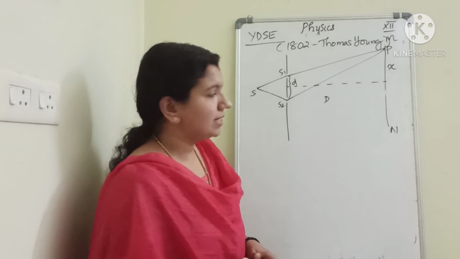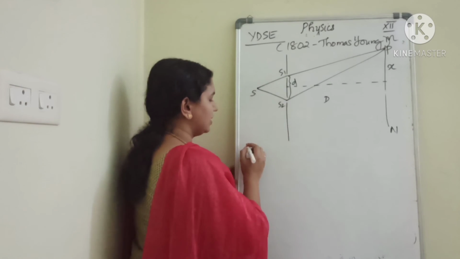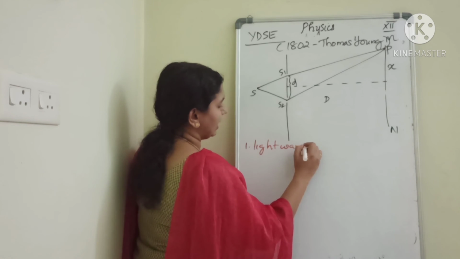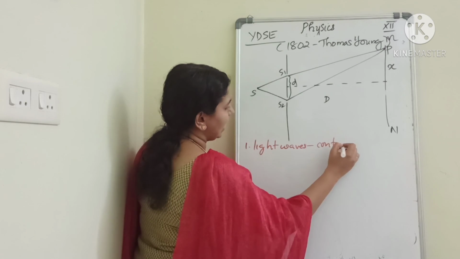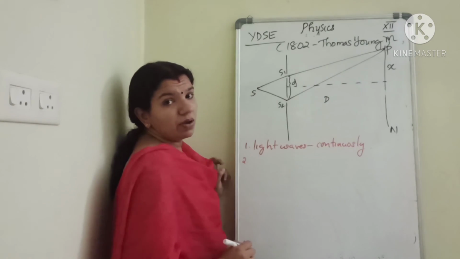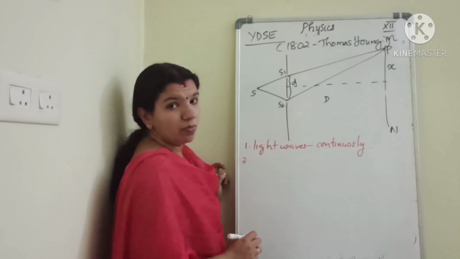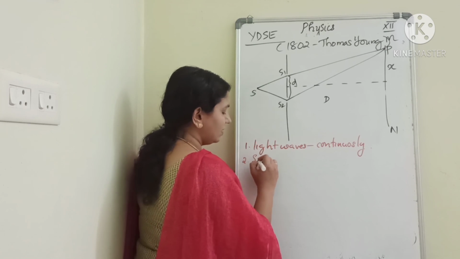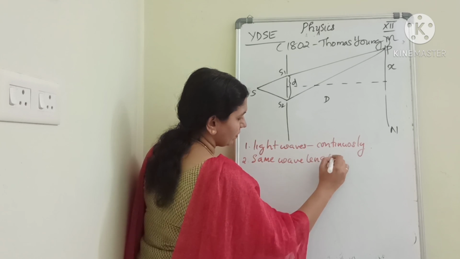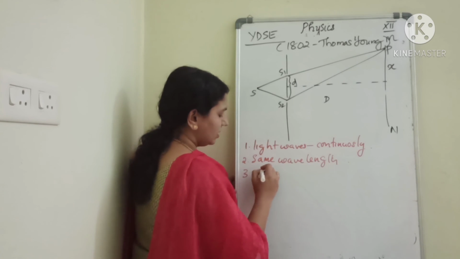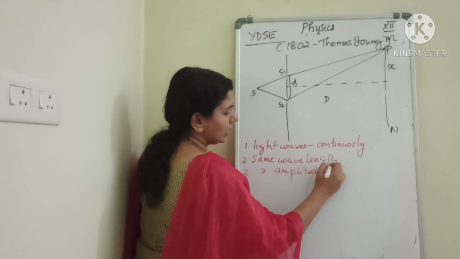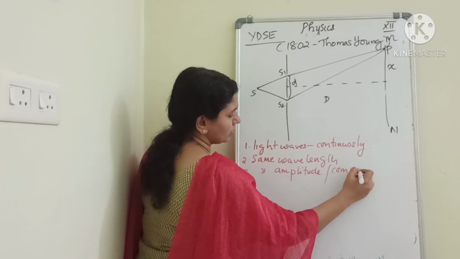So the first condition is, the source should emit light waves continuously without any break. Okay. Now the second one is, the light should be monochromatic. It should have the same wavelength. Then it should have the same amplitude, or you can say comparable amplitudes.